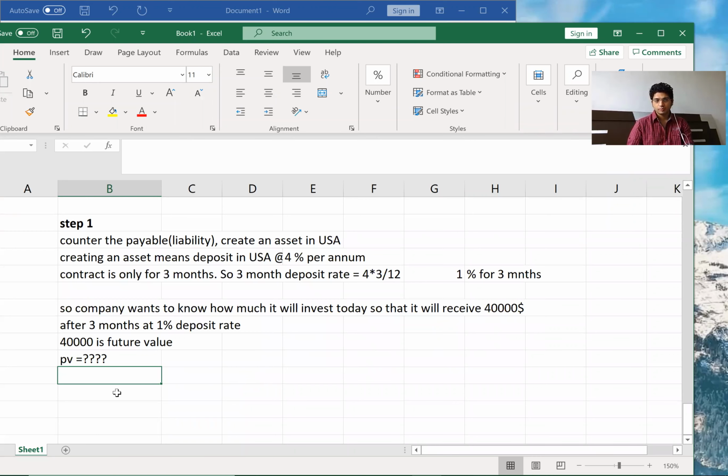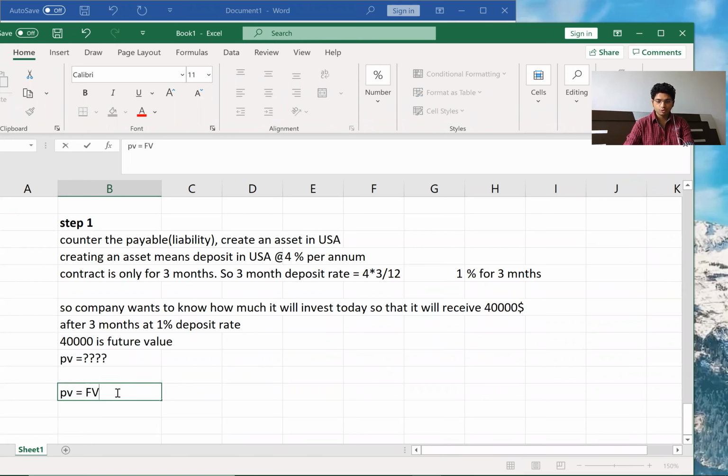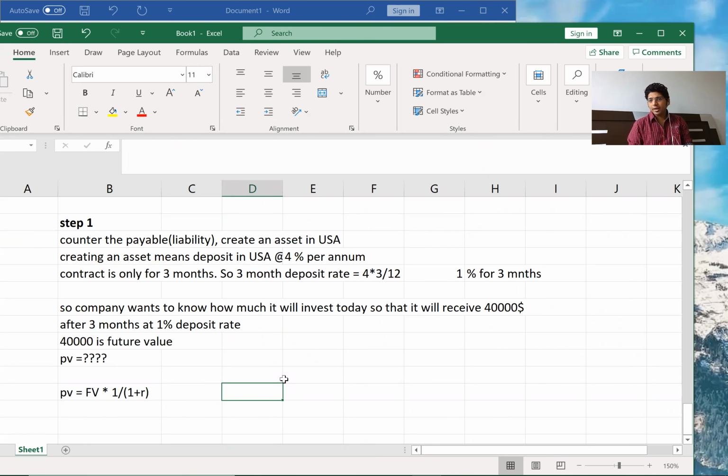So that will be what? You know the formula: present value equal to future value into 1 upon 1 plus r. We don't need to do raised to n, because we have already converted it into 3 months. Why am I calculating present value? See the logic.